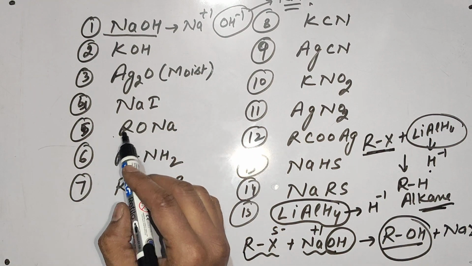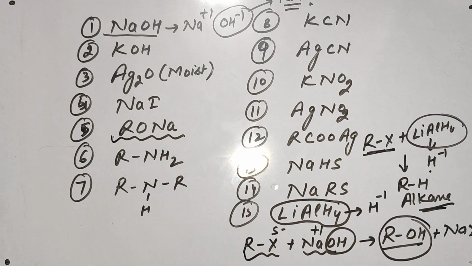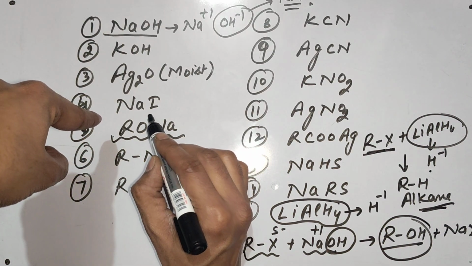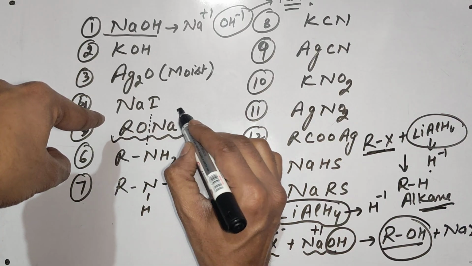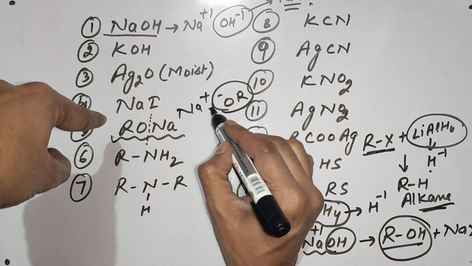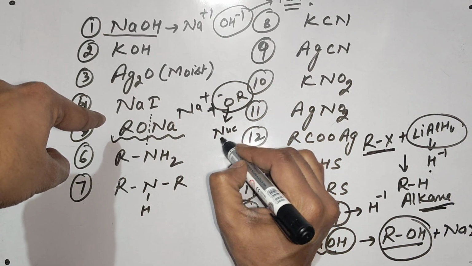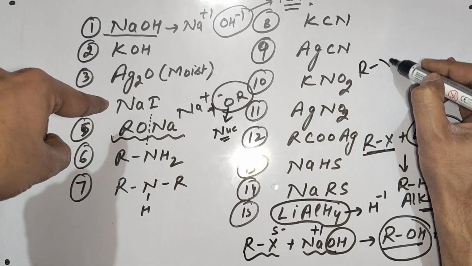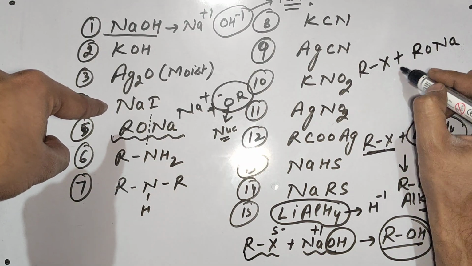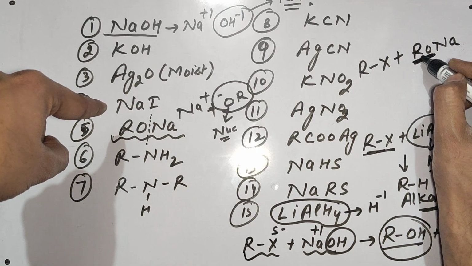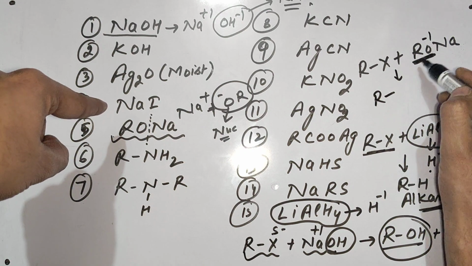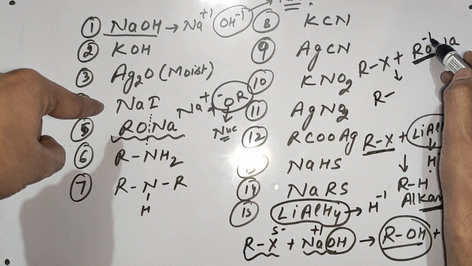Similarly, suppose we have sodium alkoxide. First we need to understand who is the nucleophile and who is the electrophile here. Na positive and O negative R. So this O negative R is the nucleophile over here. Means when RX reacts with RONa, sodium alkoxide, this is the nucleophile we have which is stronger than X. So it will substitute it, and the bond will be generated through the oxygen side because oxygen has a lone pair for donation.